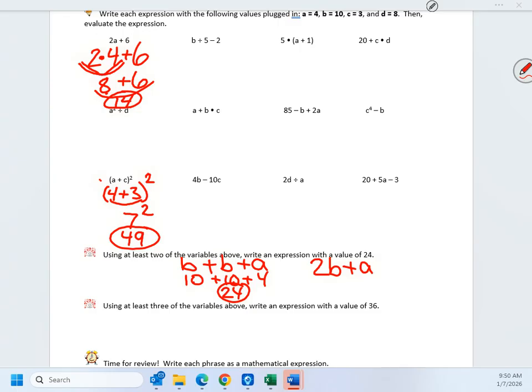You're not limited. Just don't make it so big it gets complicated, because that's when we make simple math mistakes. Okay, does that make sense? The next one, you have to use 3 of the variables to equal 36, and then we have some review at the bottom. So make sure you do the review work.